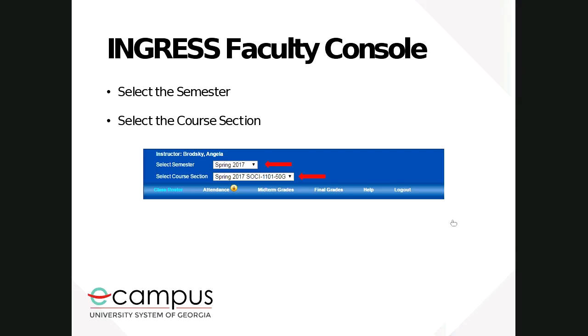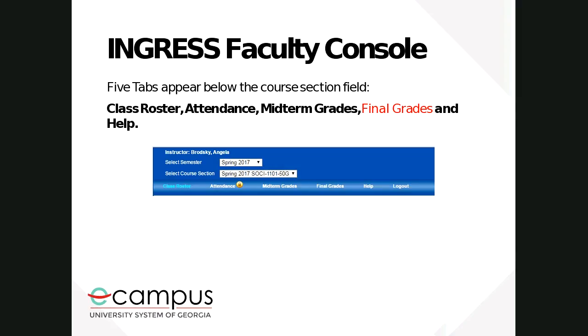You're going to select the semester and the course. You probably just have one course there. Most of you will. And we are not going to use midterm. We're going to use the final grades. So again, final grades is our focus for this particular task, and I would consider this one of the top 5 tasks that you do as a faculty member.